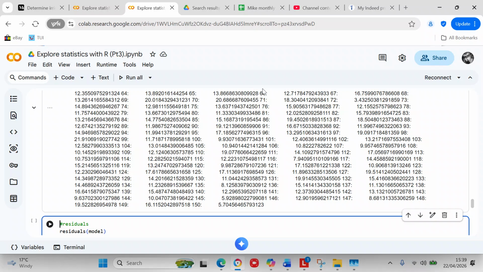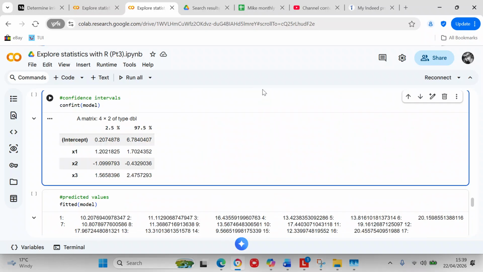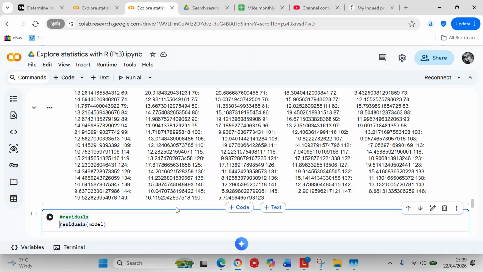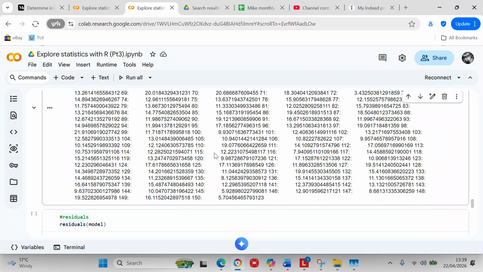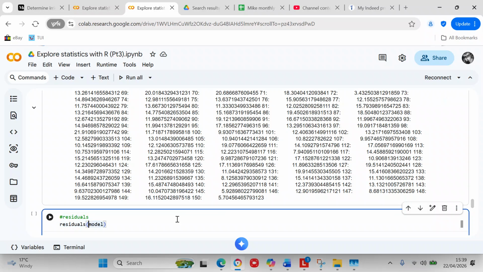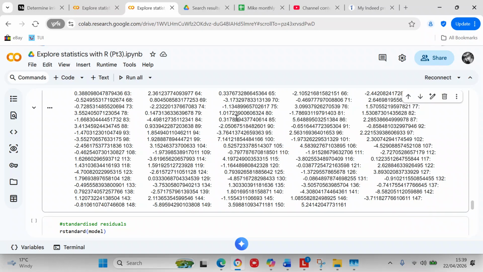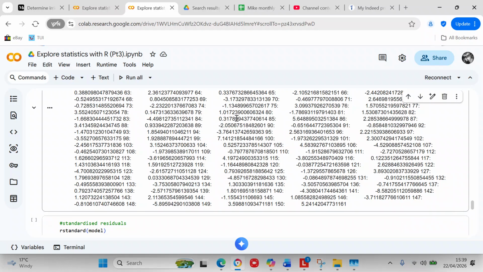You've got your predicted values, which is fitted model, and it gives you all of your predicted values, and I think we've got 150 samples. You've got your residuals, which is residuals model, which I think is 150 sample residuals.